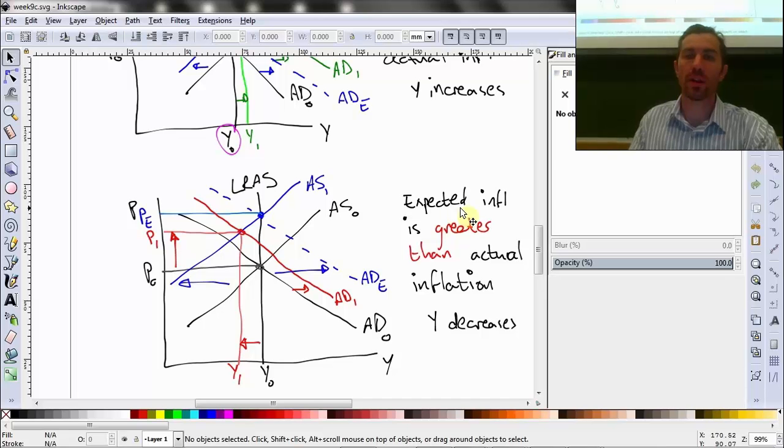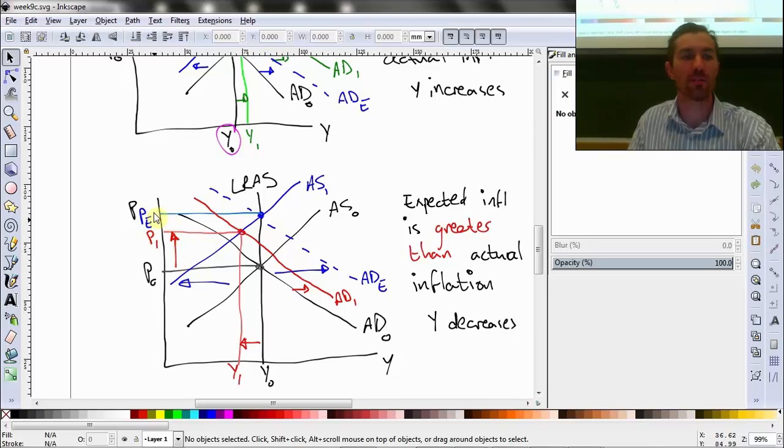In other words, when expected inflation is greater than actual inflation, we expect aggregate demand to shift by some amount, so we adjust our wages, which shifts our aggregate supply to the left by some amount. Aggregate demand does not shift by as much as what we expected, so inflation is lower than what we expected it to be.